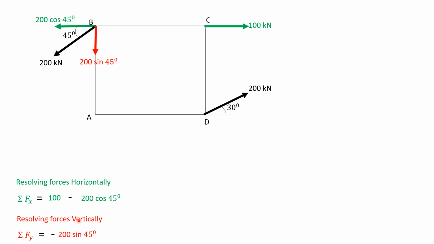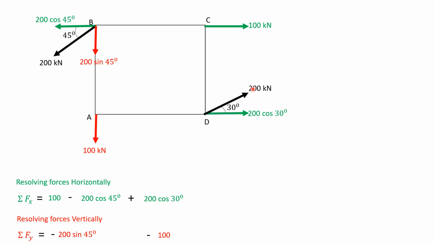Resolving this 100 kN force vertically, it is directed to negative y-axis, so minus 100 kN. Resolving this 200 kN force horizontally, it will be 200 cos 30 degrees directed to positive x-axis, so plus.